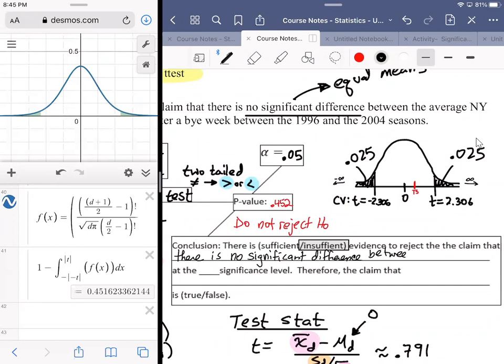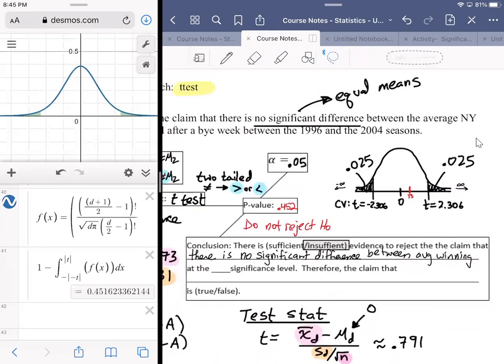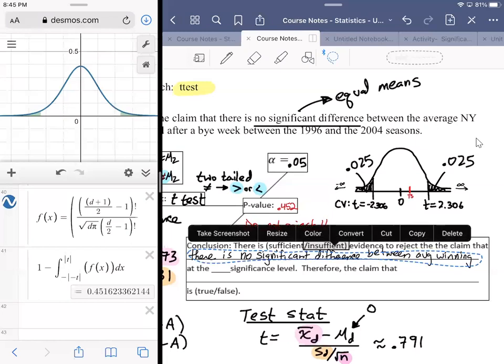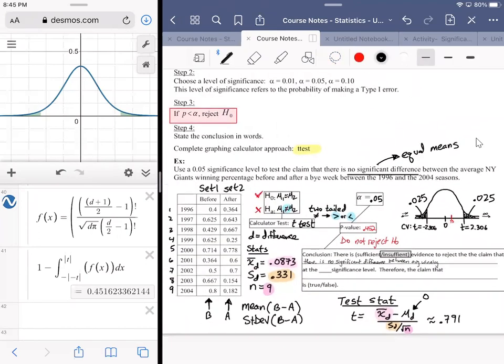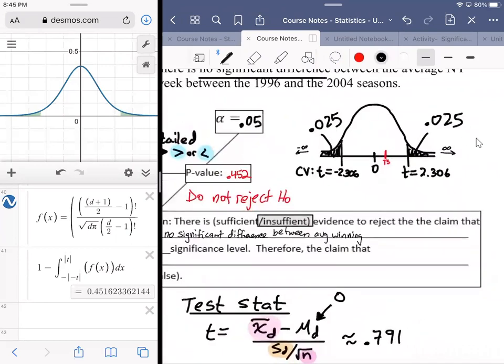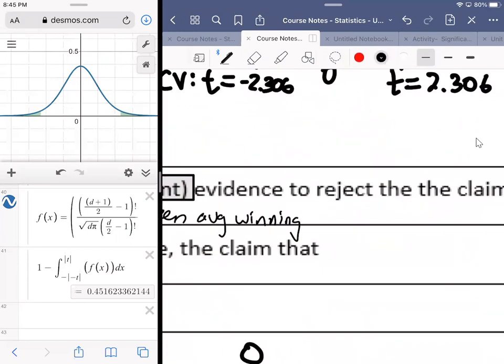Between average winning percentage. Now I got to shrink it down. I know it's a pain to write this much, but in order to get the idea across, you got to get it all in there. Average winning percentage before and after a bye week.